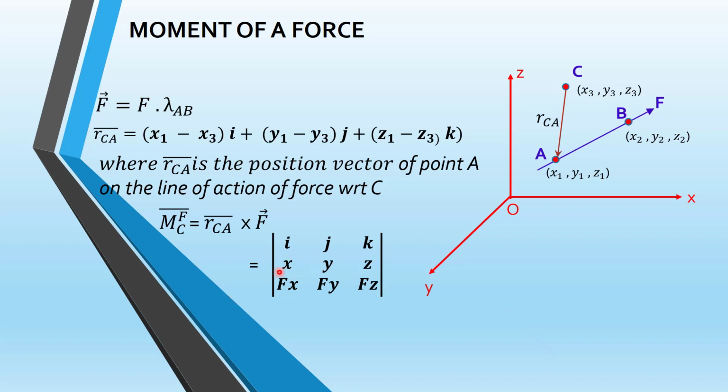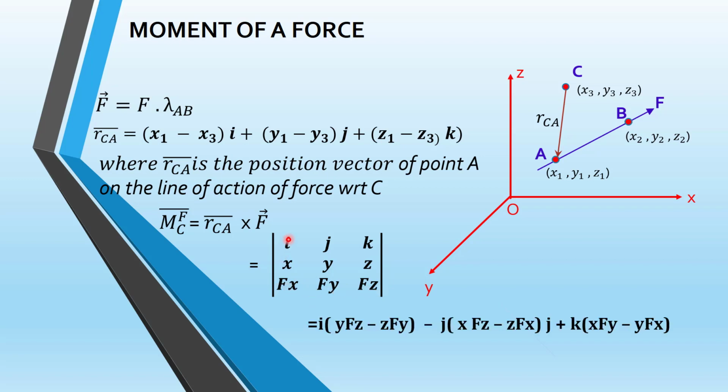So in our case, what is x? x will be x1 minus x3. y will be y1 minus y3 and z will be equal to z1 minus z3. Now Fx, Fy and Fz are the force components along the x, y and z direction.